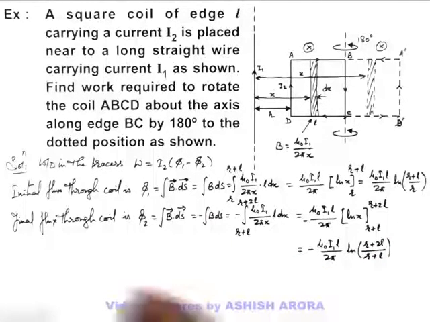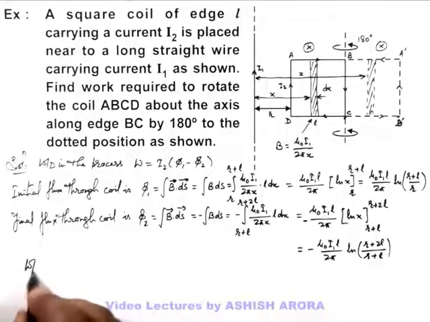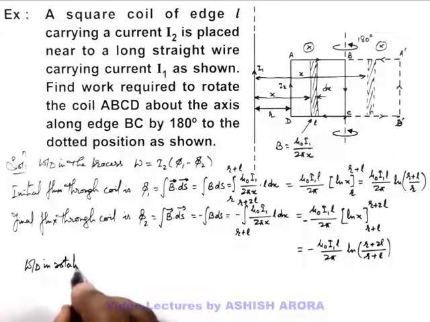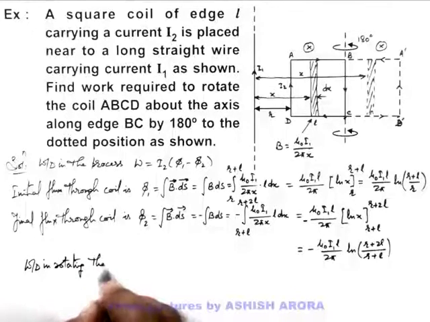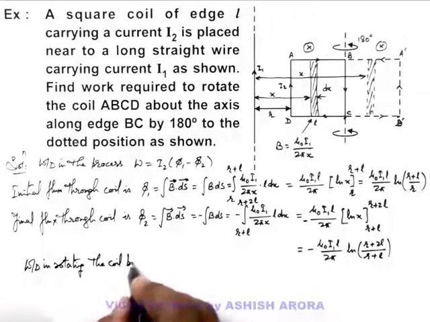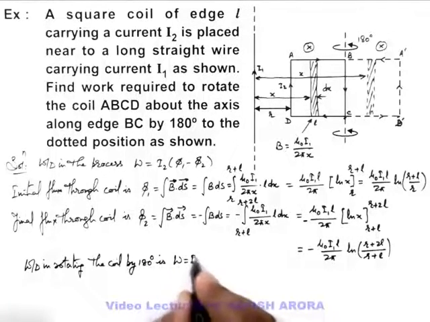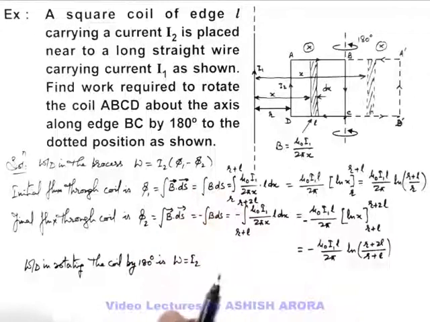So if we calculate the work done in rotating the coil by 180 degrees, this work done can be given as I2 multiplied by (phi1 minus phi2).